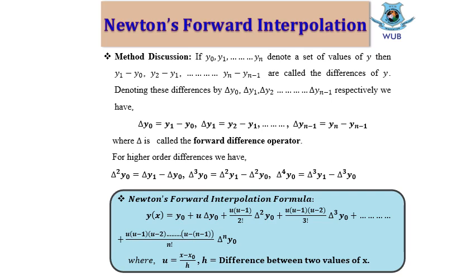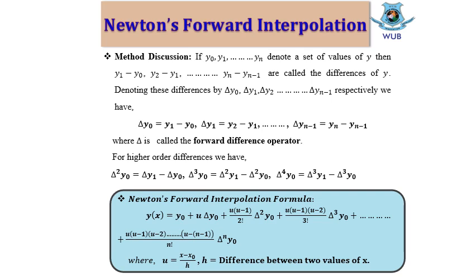Denoting these differences by del y0 for y1 minus y0, del y1 for y2 minus y1, del y2 which is for y3 minus y2, in this way up to del yn minus 1 respectively. Okay, this is very easy, and del is the notation of the forward difference operator or forward differences.